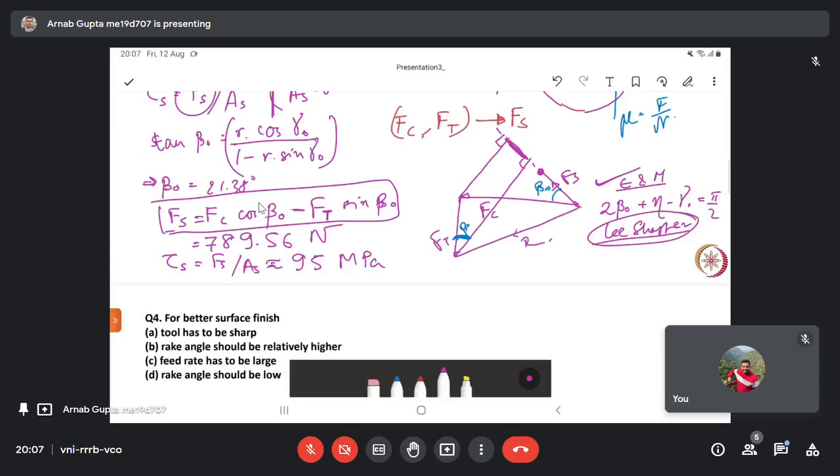Like shear strength of the material is not constant as tau is, rather it is varying due to the dynamic nature of this deformation that is occurring during the machining operation. So from there we get beta naught plus eta minus gamma naught as pi by 4.